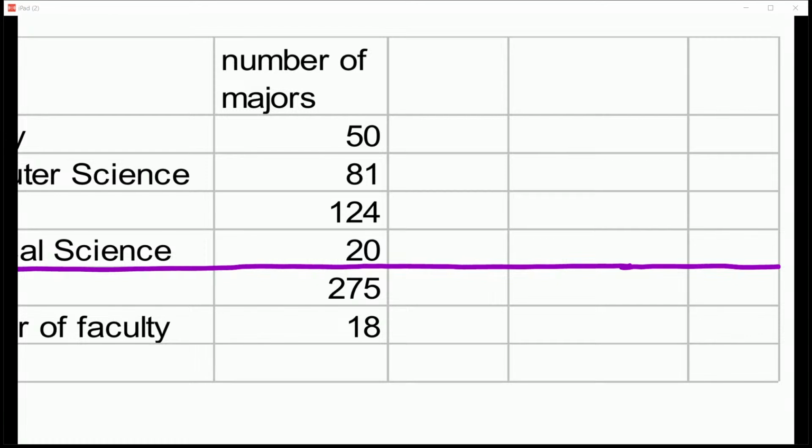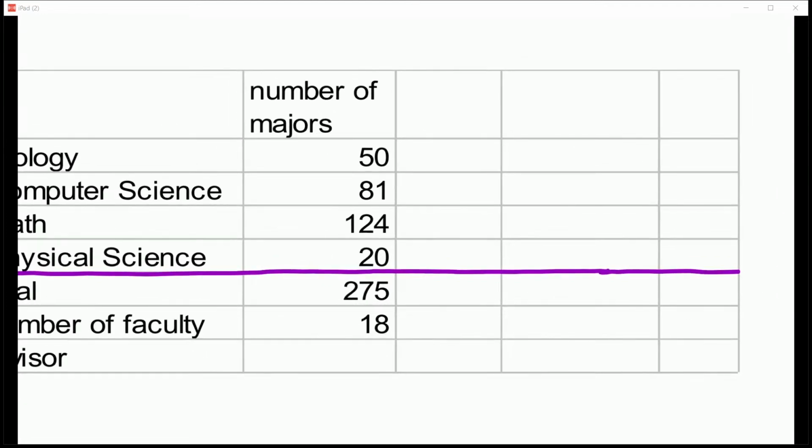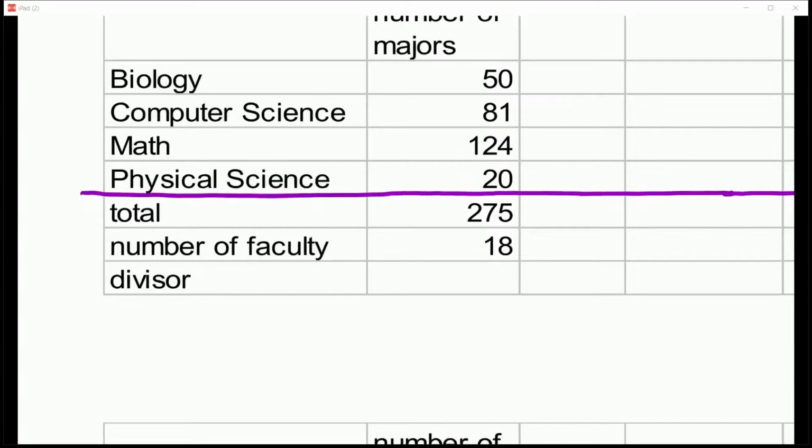Okay, so here's how we do Hamilton's method. Hamilton said, you know what we're going to do? We're going to figure out what the average district size is going to be.